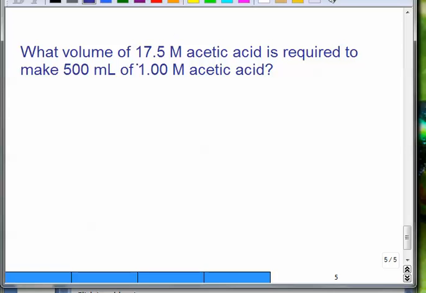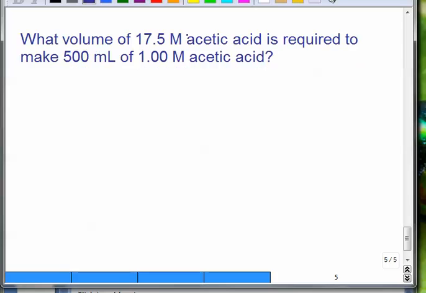That is, there are 17.5 moles of acetic acid for every 1 liter of solution. Well, to do this, I'm going to use my dilution equation. I'm going to say that M1 V1, the concentration and volume of my initial stock solution, is equal to M2 V2.